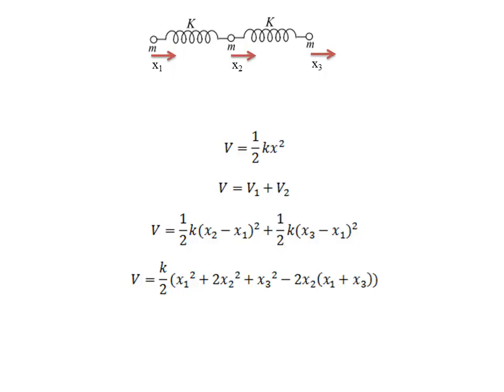Now in the case of a spring, the potential energy is found by the formula V = 1/2 k x^2. Here there are 2 springs, so V = V1 + V2, and the displacement for V1 is x2 - x1, while the displacement for spring number 2 is x3 - x2. So substituting those values, we get V = k/2 (x1^2 + 2x2^2 + x3^2 - 2x2(x1 + x3)).